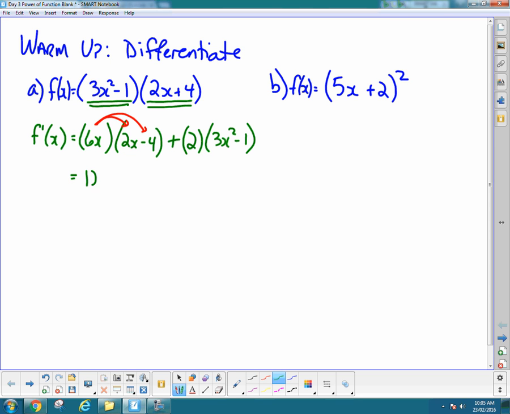Rainbow that, we get 12x squared minus 24x. Rainbowing the 2 in the second one, plus 6x squared minus 2. Collecting like terms, we get 18x squared minus 24x minus 2.